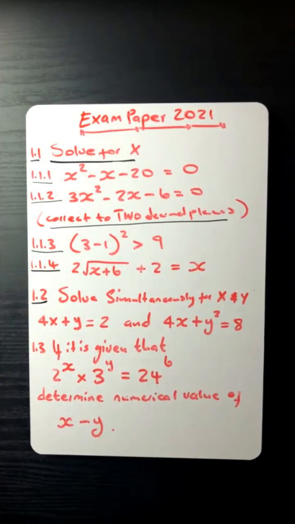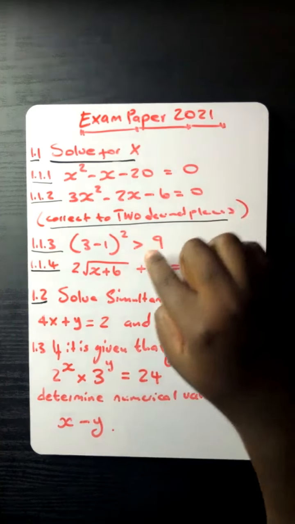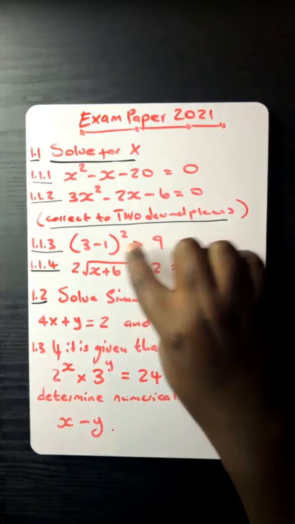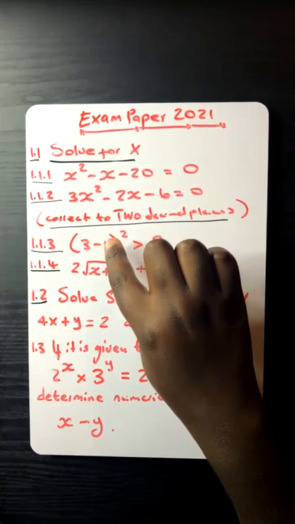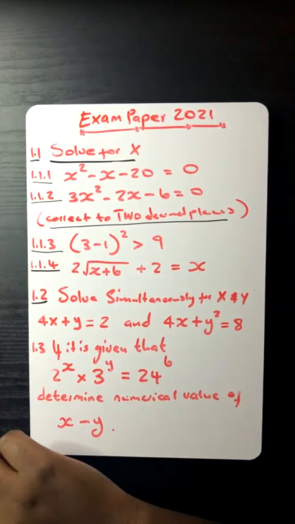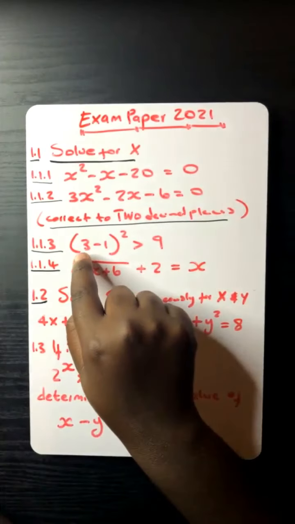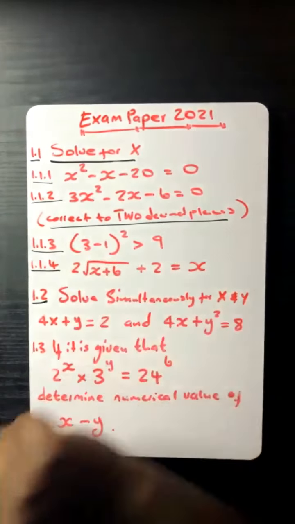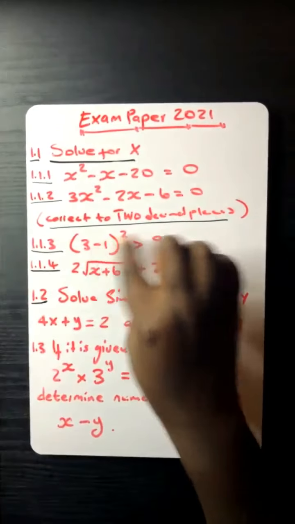So ladies and gentlemen, let's move to question 1.1.3. I'm not really sure whether there's an x over there. Can someone check the original equation from our WhatsApp group and tell me what that equation is? Because there must be a variable over there.